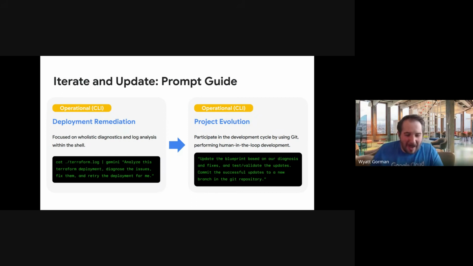And then I might have Gemini go and feed that back into my GitHub repository, right? And evolve my project and iterate on it. So it's not just a develop and deploy kind of pipeline. This is, and should be, an iterative pipeline and a back and forth kind of motion with these tools.